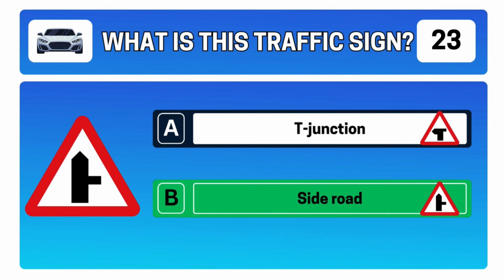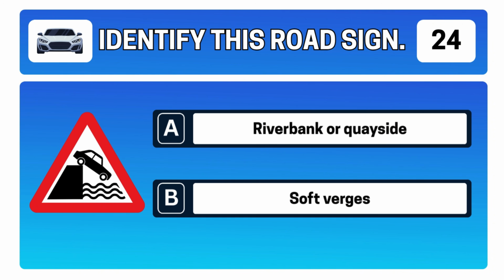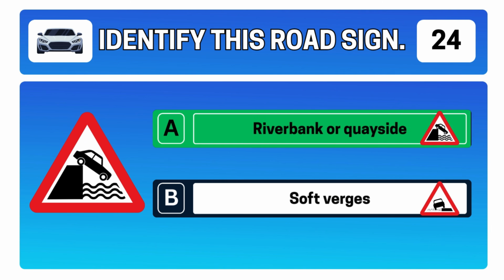Correct. It is the side road sign. Identify this road sign. A. Riverbank or quayside. B. Soft verges. Good observation. It is the riverbank or quayside sign.